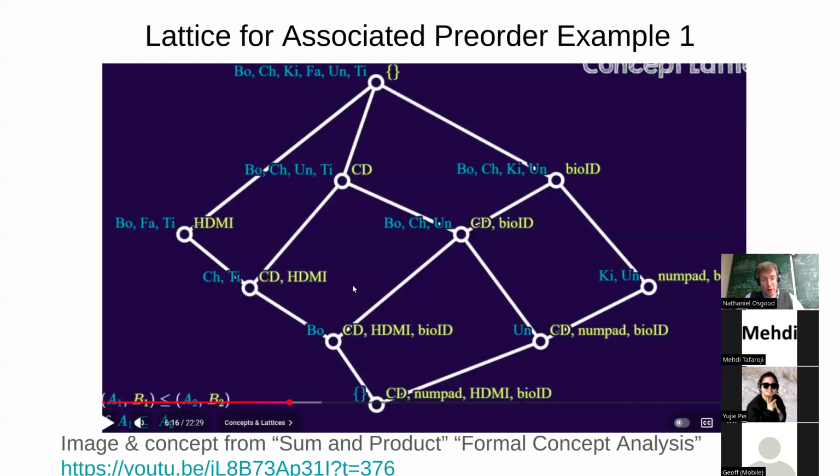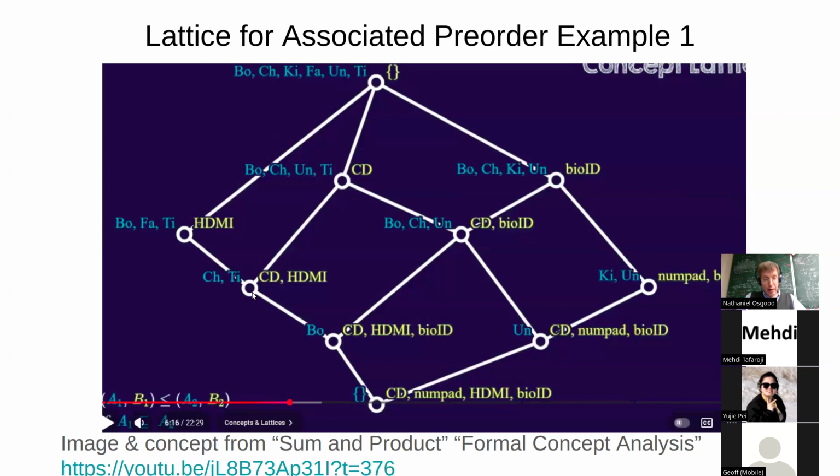For example, this set of attributes here is no smaller than this set. As you go down here, it can only become larger. And this gives a real structure to this, which is rather pleasing.